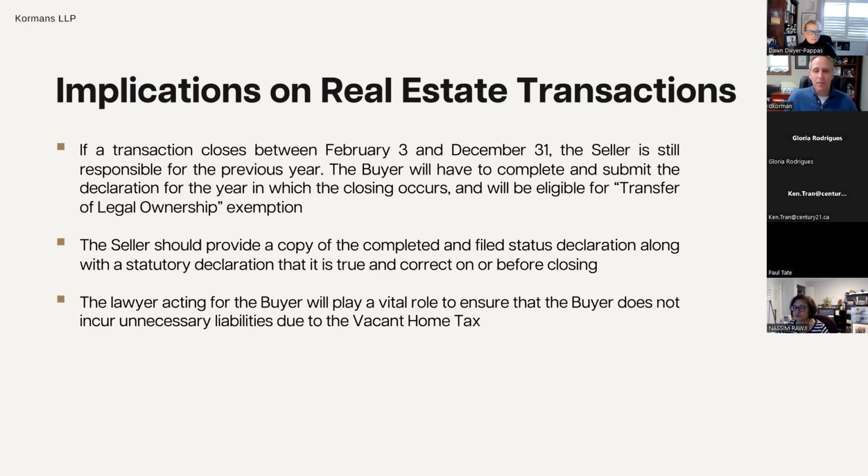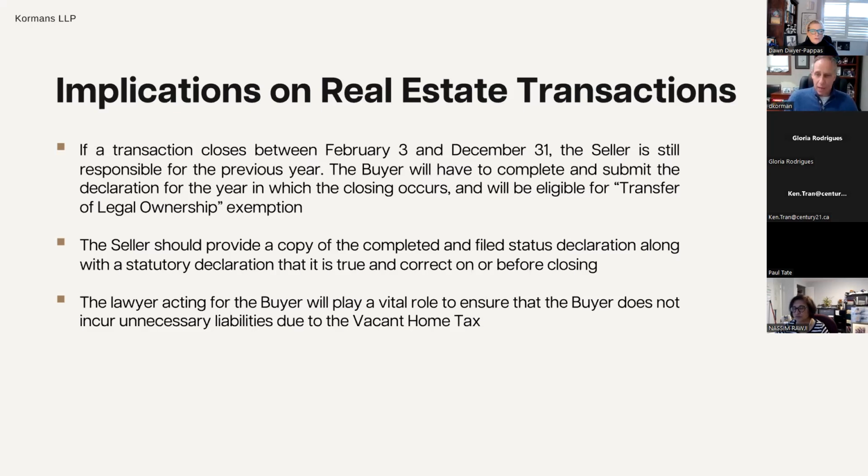Okay, there's two different declarations. The declaration that was filed with the city, a copy of that declaration is attached to my sworn declaration that I'm giving to you, the buyer, and the buyer's lawyer, to confirm that I filed it and there's no taxes owing. That's what I would want as a buyer's lawyer, to satisfy me.